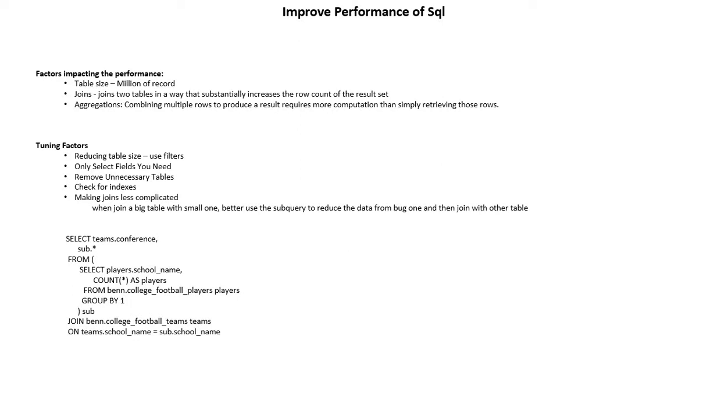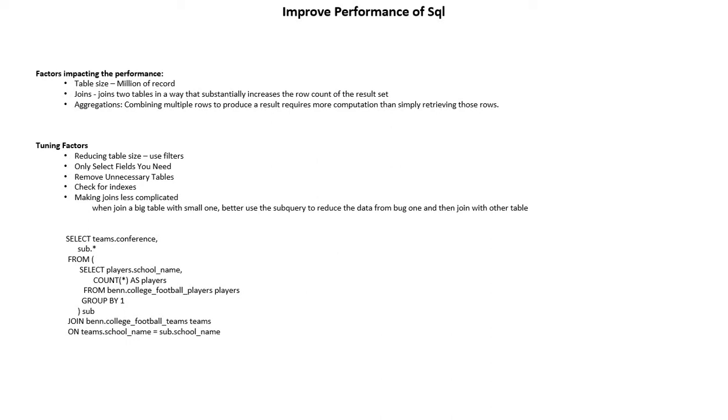When I join, the result set may end up with around 1,000 records, based upon what type of join I use. So that is another factor to think about when joining two tables in such a way that it increases the row count of the result set.